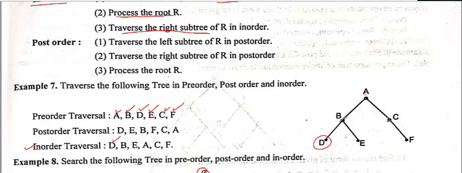Then root, root of D is B. Okay, then write left, root, right, correct, E. Now you will visit A, then right.